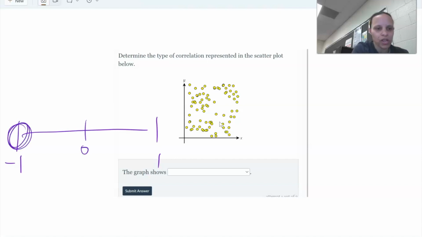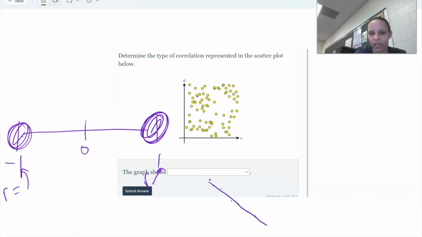The closer it is to -1 and +1, the stronger the relationship. So when r is equal to -1 or r is equal to 1, the stronger the relationship. If it's exactly -1, it means all the dots are perfectly straight going down. If it's exactly +1, then all the dots are perfectly straight going up.